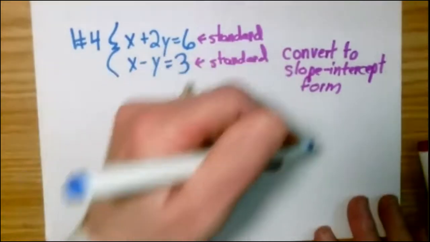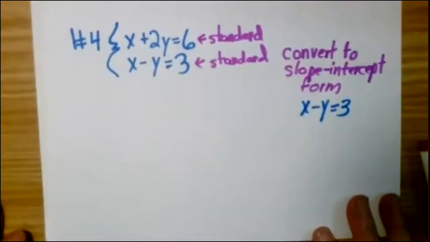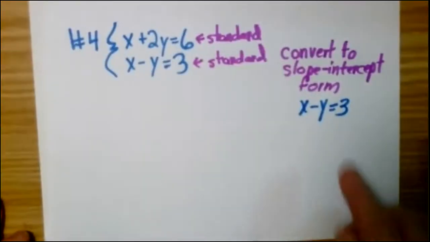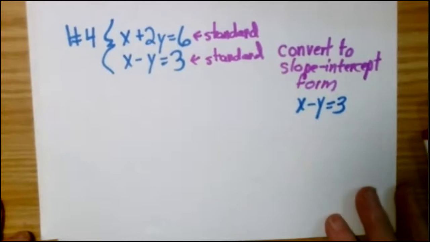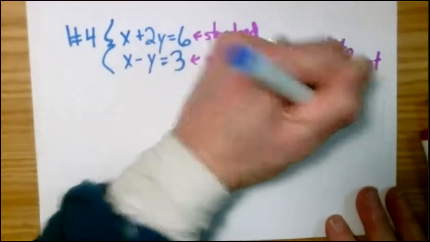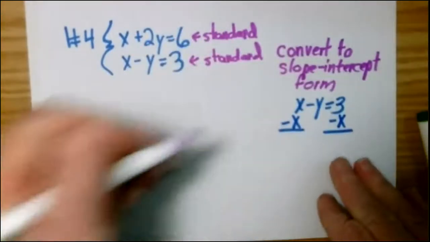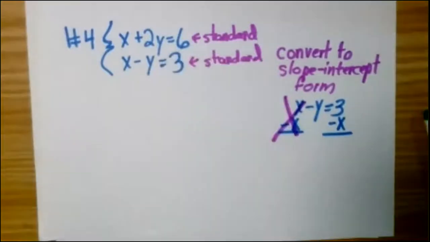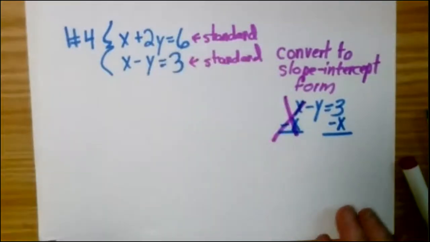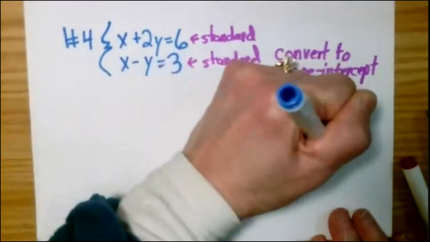So we have x minus y equals 3. So I want to get y by itself on one side. So I'm going to subtract x from both sides. So a positive x and a negative x cross off. No more x's on that side. I'm left with a negative y equaling 3 minus x.